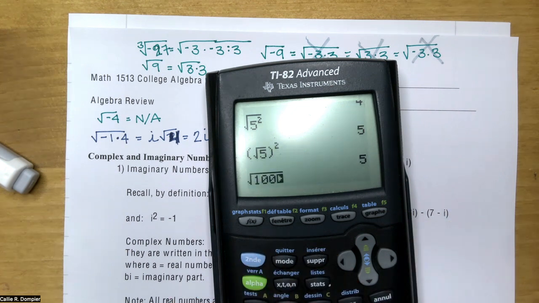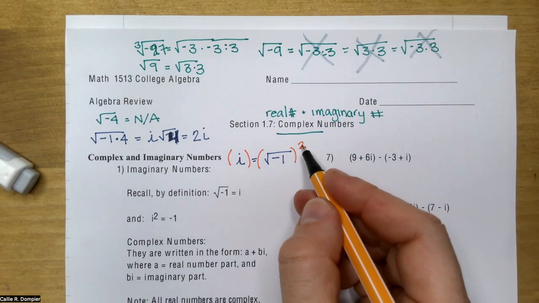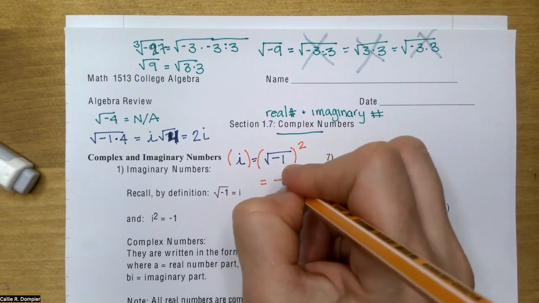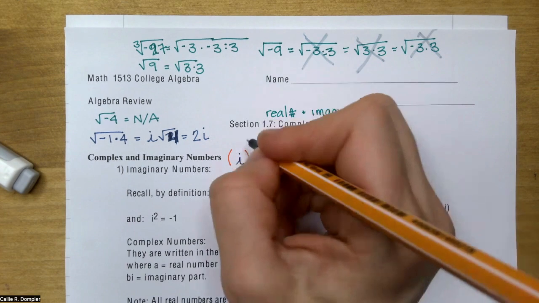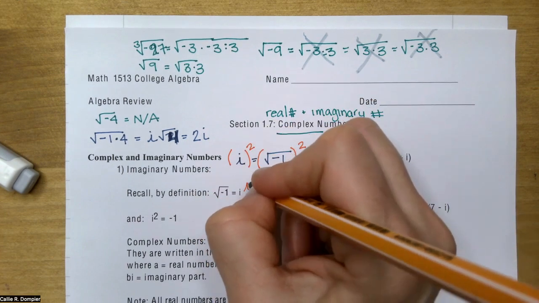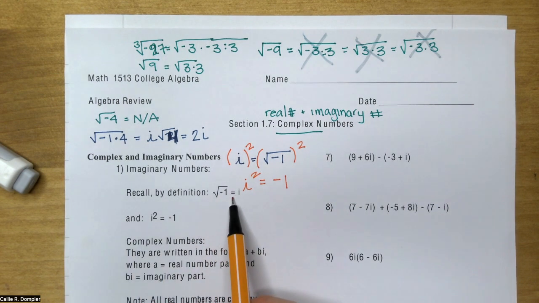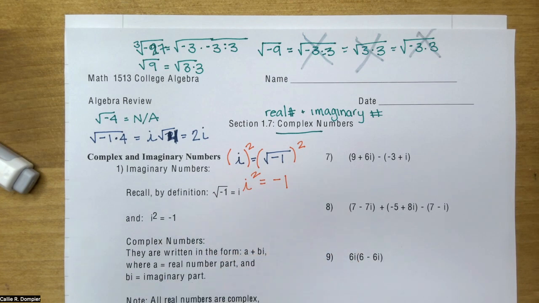The square root of 100 is 10, but the square root of 100 squared is 100. So squaring gets rid of the radical sign, and we're just left with -1. And if I square this side, I have to square the other side to maintain equality. So i squared equals -1. Okay? So by definition, the square root of -1 is i, and i squared is -1. If you just square both sides of this equation, you get this equation. Good?